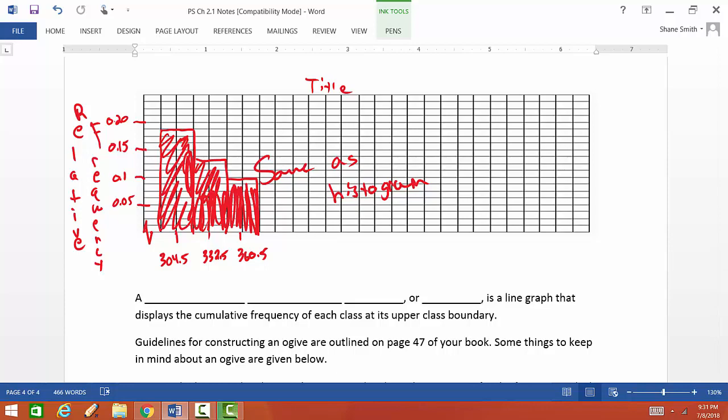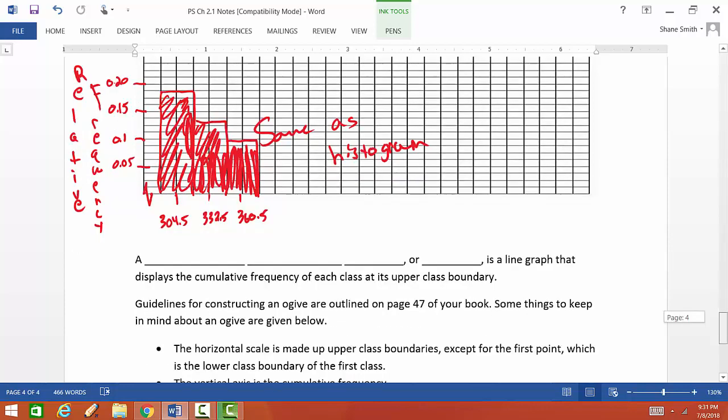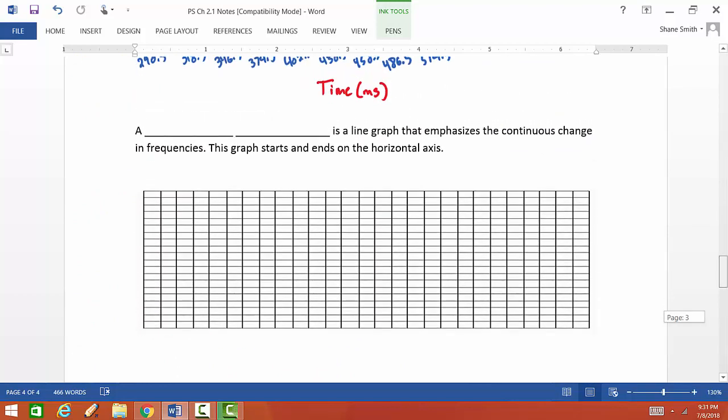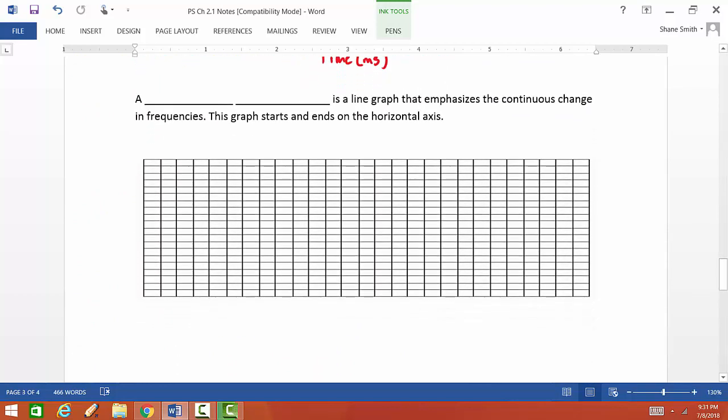Okay, there are two more graphs that I would like to show you that are related to this frequency distribution. So the next one is a frequency polygon. So as with all graphs, including the frequency polygon, we will have reaction times of women.